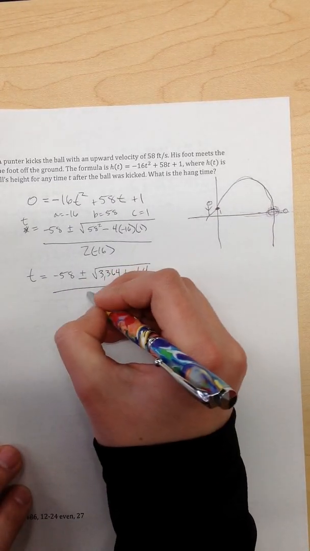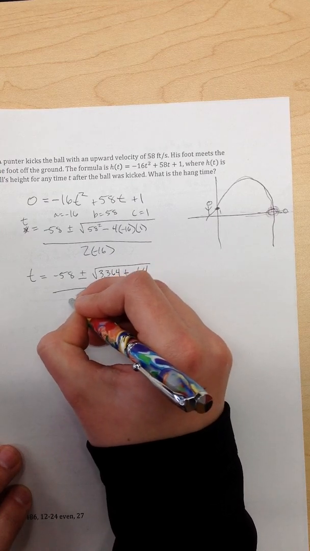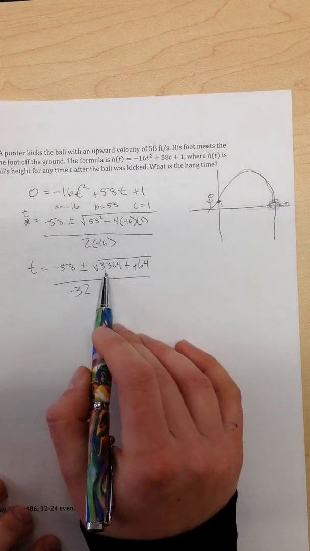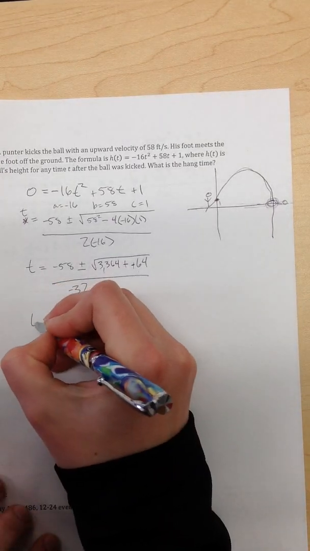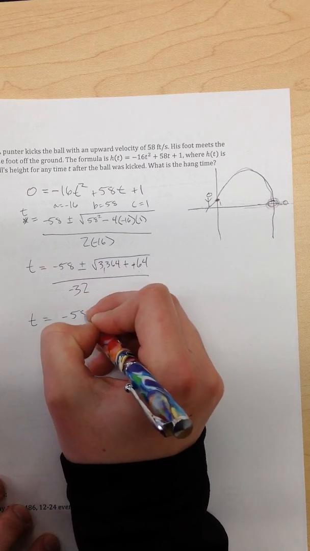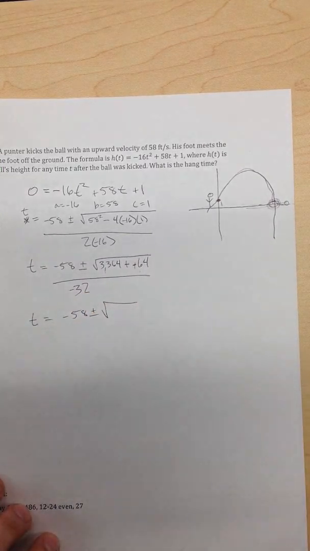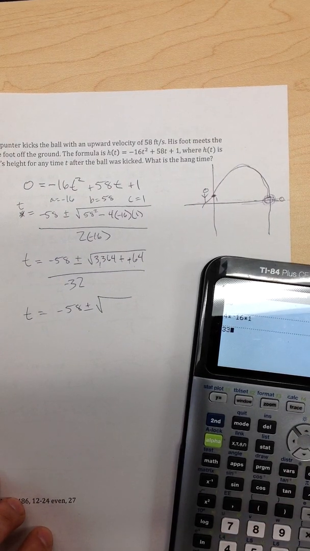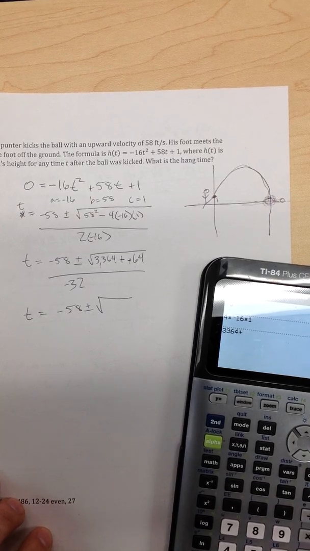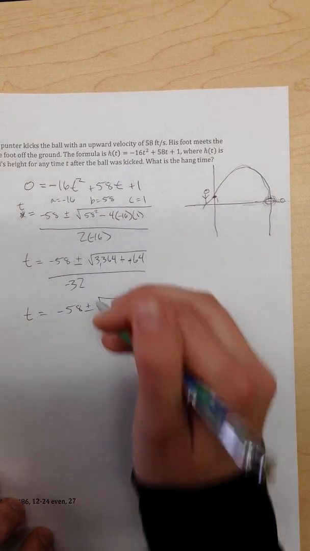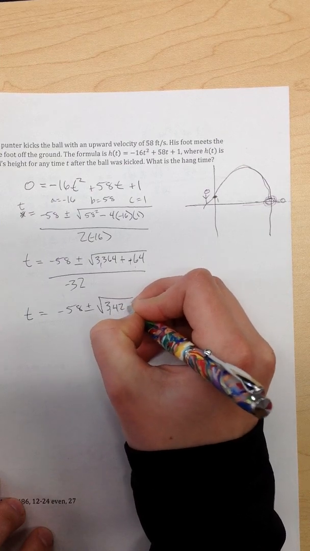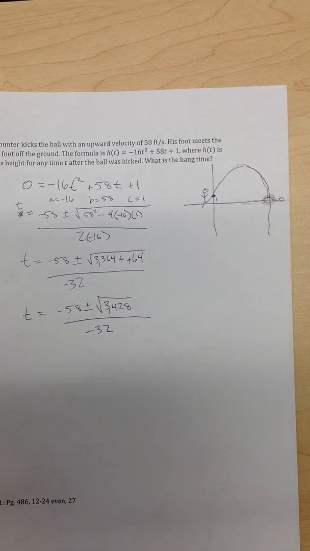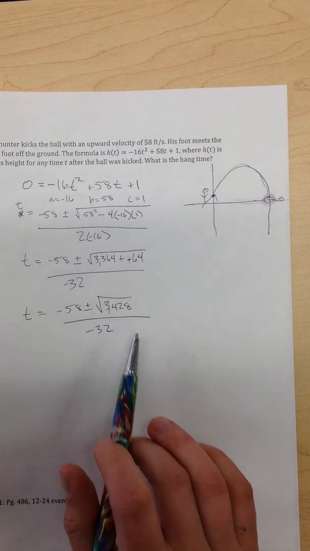Okay, and then that's all going to be over 2 times our negative 16, which is negative 32. Okay, so then we'll probably want to solve what's underneath our square root there. So we'd have t is equal to negative 58 plus or minus, and then under our square root, if we take those two values and add them, 3,364 plus 64, we get 3,428 over negative 32.